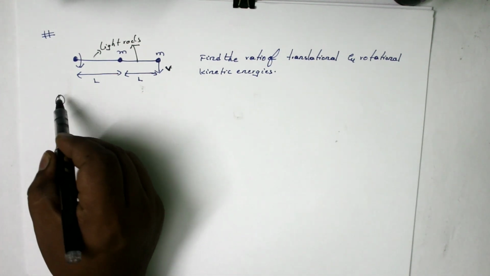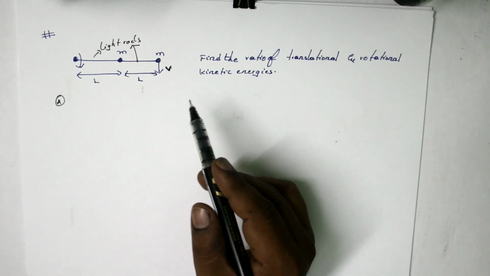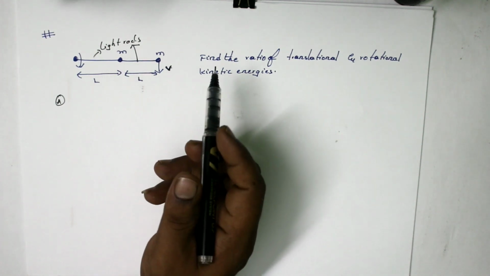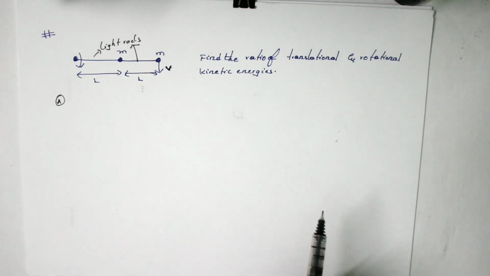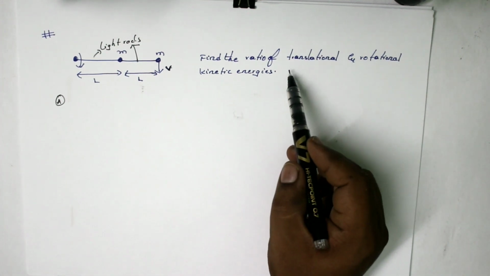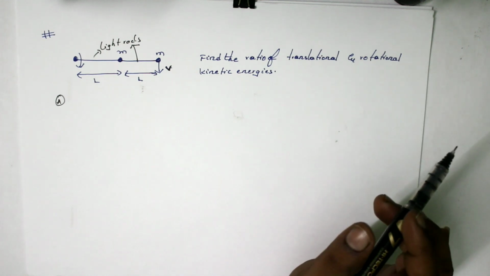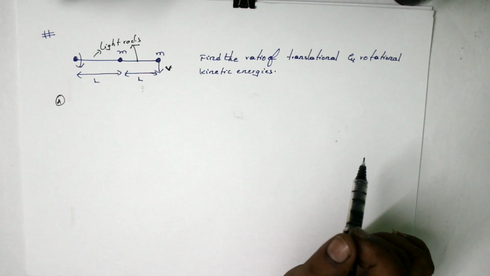Here we should be careful that he is not asking about total energy. The total energy of the rod is the sum of translational and rotational kinetic energies. But here he is asking only for the ratio of translational kinetic energy to rotational kinetic energy.